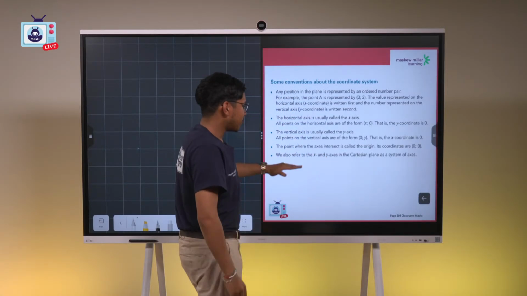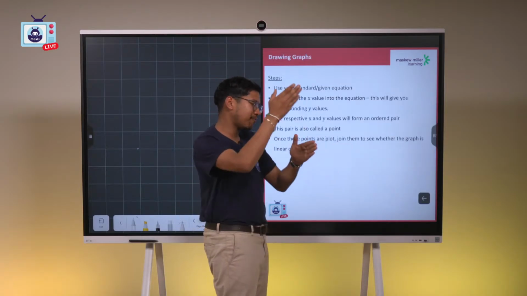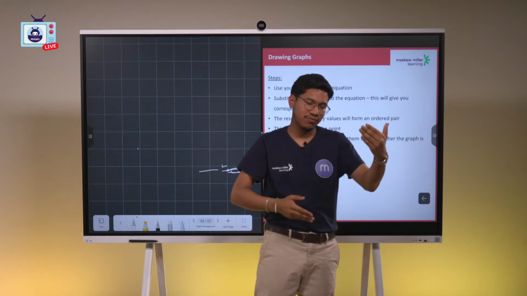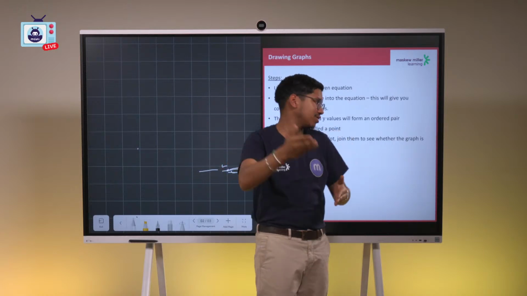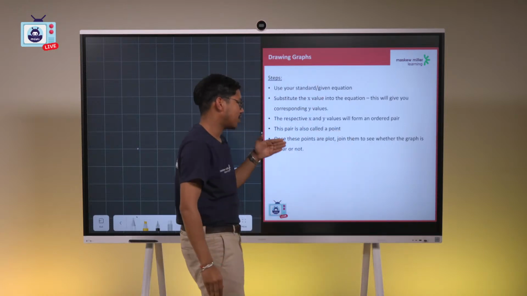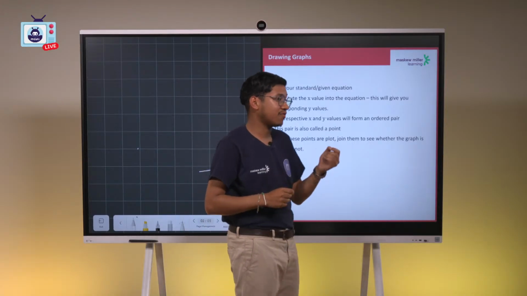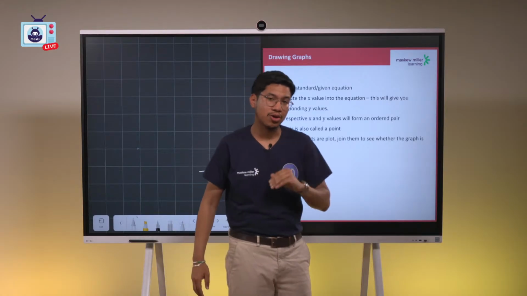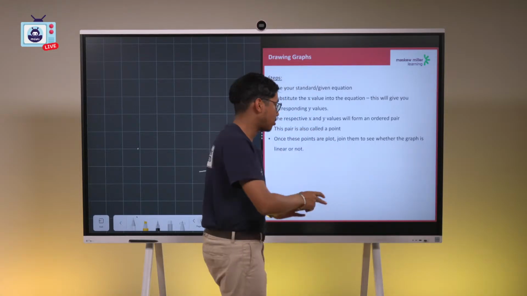And once we have plotted all the points, once we have substituted our input values, right, and we've gotten all our output values, we can take these points and we can then draw, or join the points. And these points will then tell us whether the graph is a linear graph, which is made up of a line, or a non-linear graph, which is not a straight line. Again, concepts we have gone over last week.